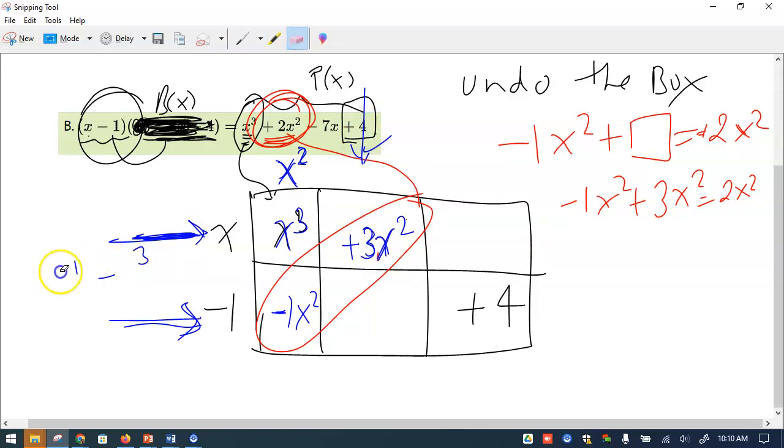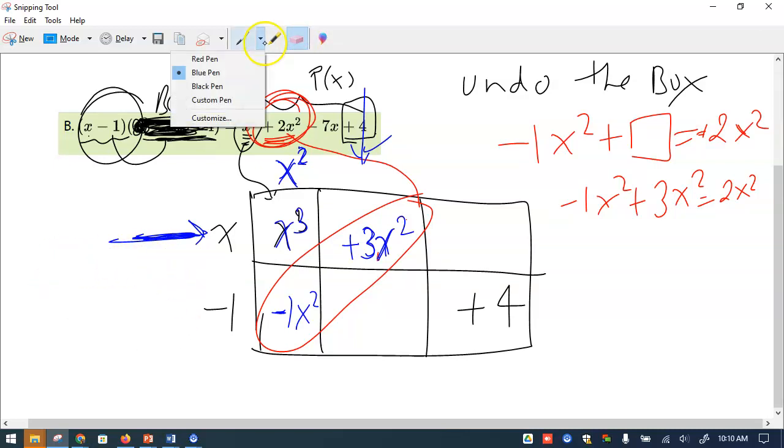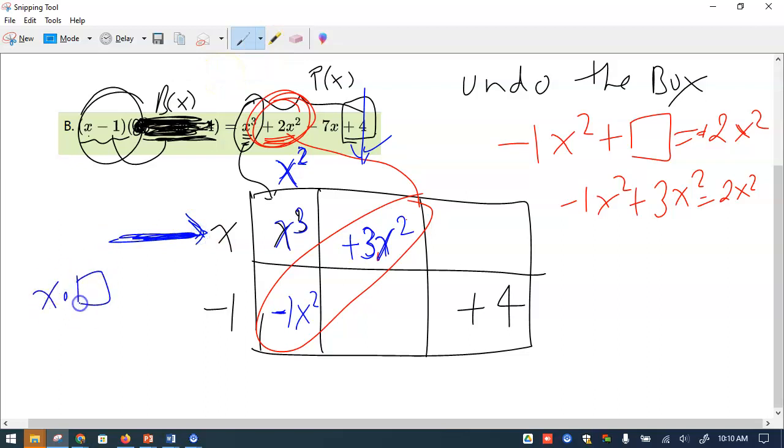So let's see, let me take this all off here. So I'm again asking this x times what should I put here so that when you multiply this, you get 3x squared. And clearly there's a number 3, so I put a 3. There's x squared, so there's one x already here, so you put another x, so 3x. So this is going to be 3x.